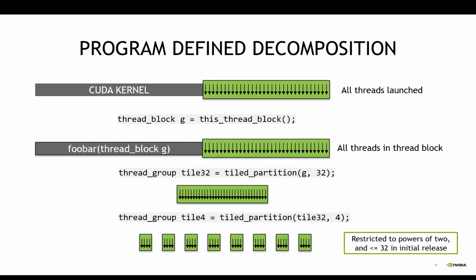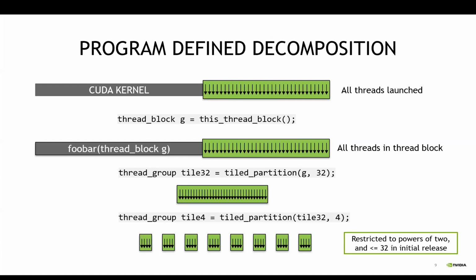Now, there's one other thing I want to point out on this slide, and that is that this methodology that we're depicting on this slide is what we're calling program defined. That means that the second number that we're passing in the tiled partition maker, for example, the number 32 or the number 4, can be variables.